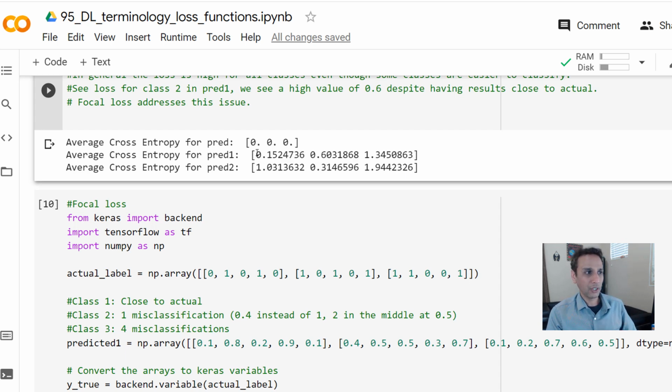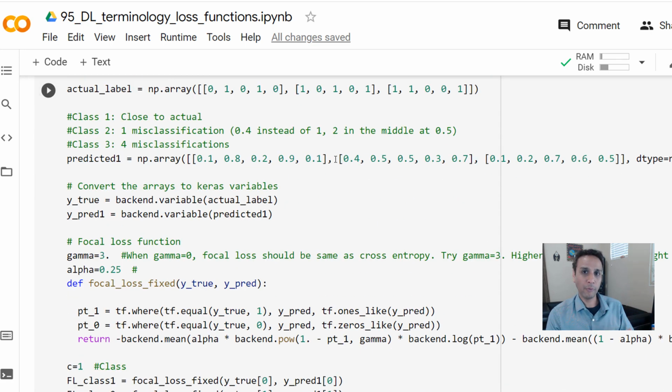If you look at the first class, which is easy to classify, 0.15, the second class, which is a bit difficult to classify but still not that difficult, 0.6, and the third class, we are getting very bad results, so the loss is higher, so the network provides weights accordingly. But this class, we realized that is a bit easy. So why 0.6? Because 0.6 is very high. So is there a way we can change that?